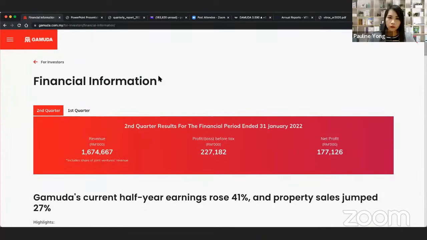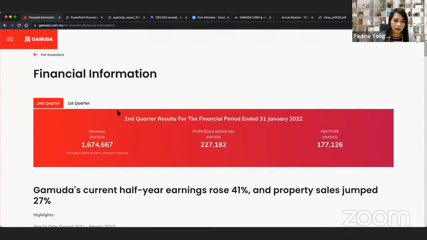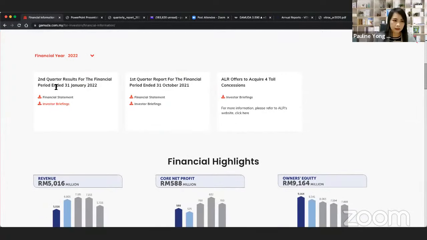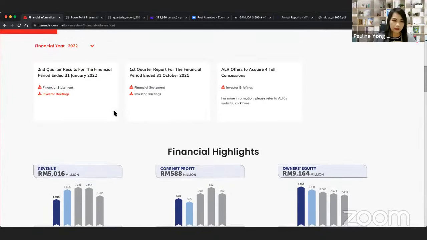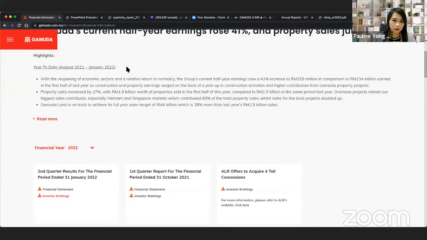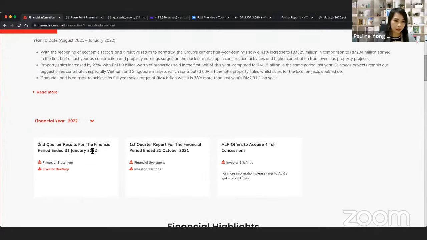Usually when you want to do annual report analysis, you go to the company website, and under the company website there is investor relations, and you click into that for investors. Then you'll see the financial highlights and the latest quarterly earnings. Here you see it is the second quarter results for the financial period ended 31st of 2022.